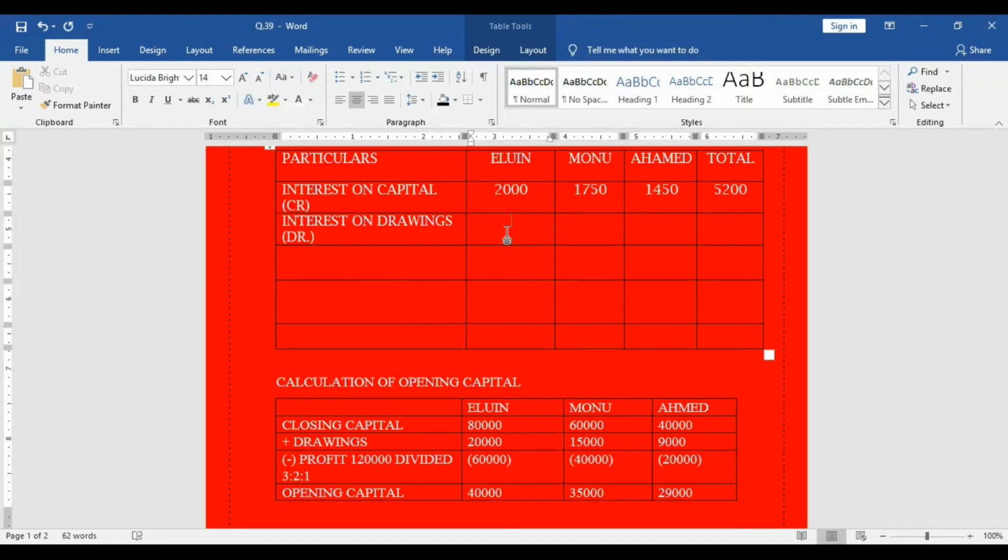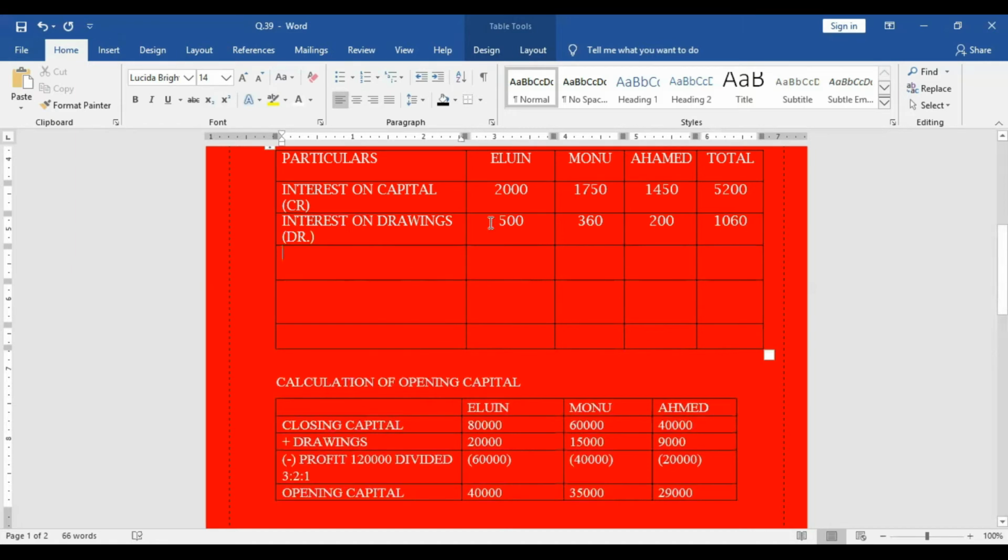Interest on drawing for Yelun is 500, for Monu 360, for Ahmad 200. The total is 1,060.